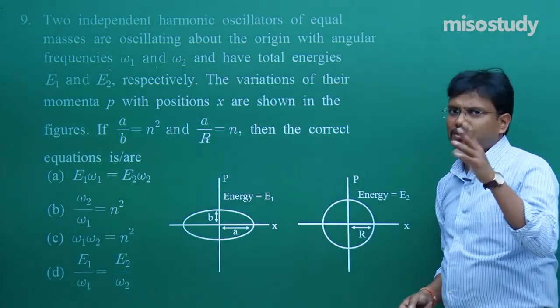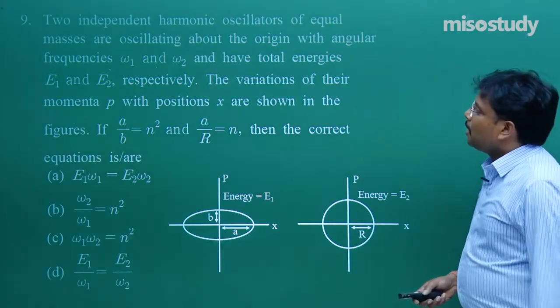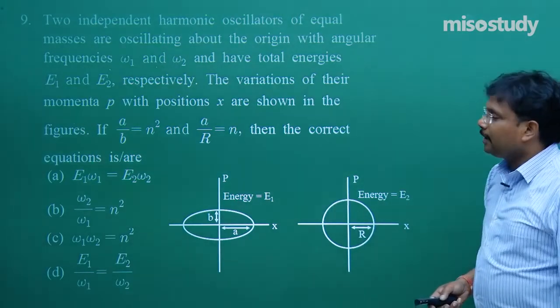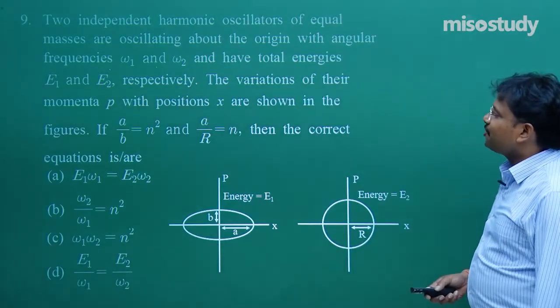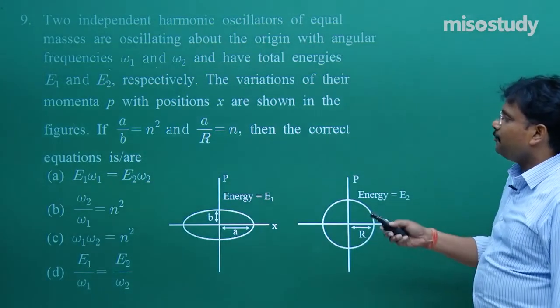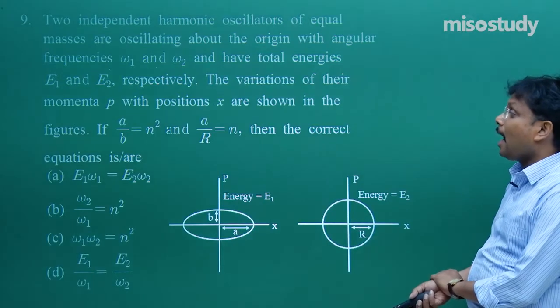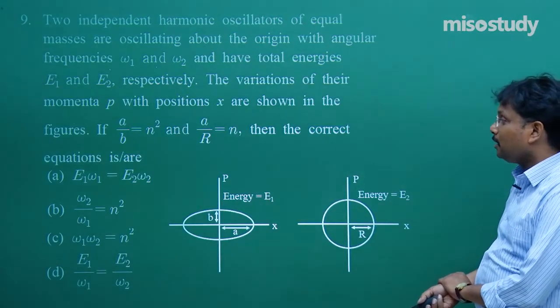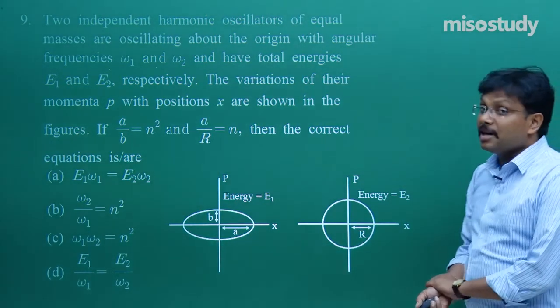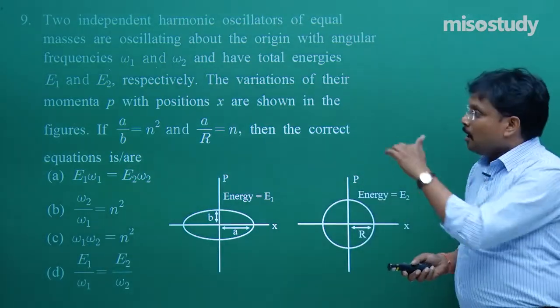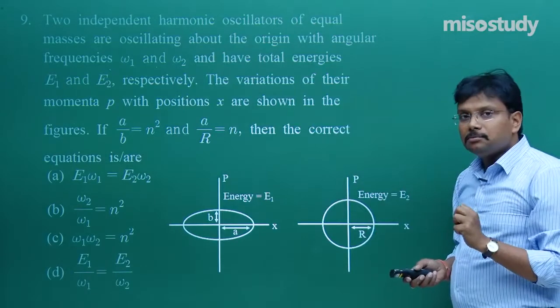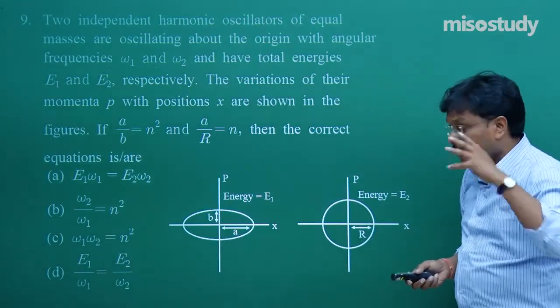The variation of their momentum P with positions x are shown in the figures. If A upon B is equal to n square and A upon R is equal to n, then the correct equation is. So now this question is again the same category, maybe option 1 correct, maybe option 2 correct, something like that.